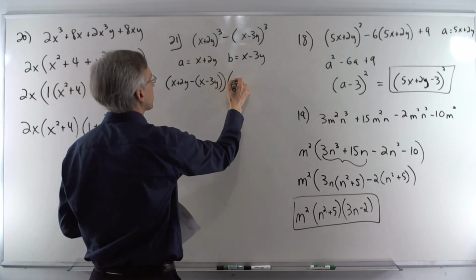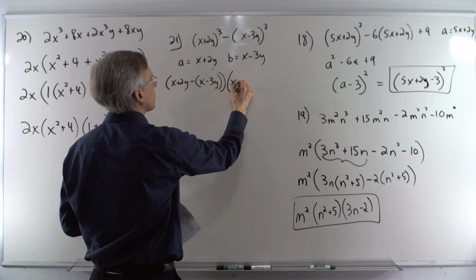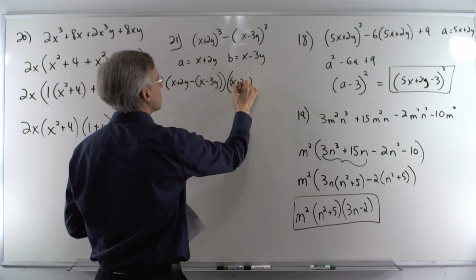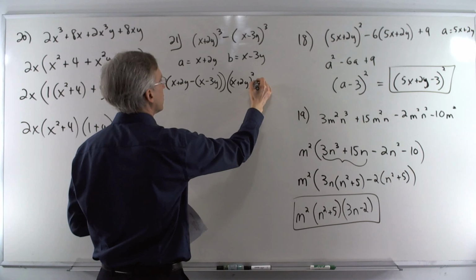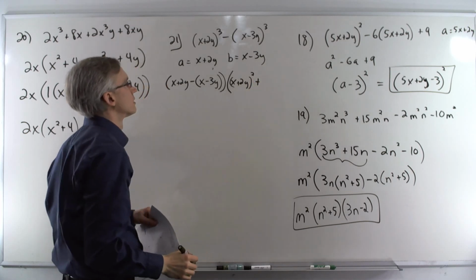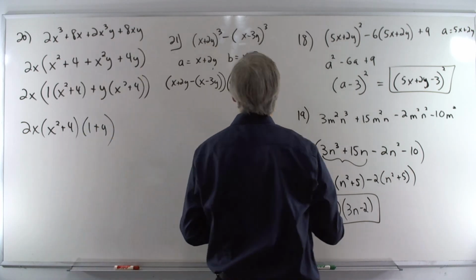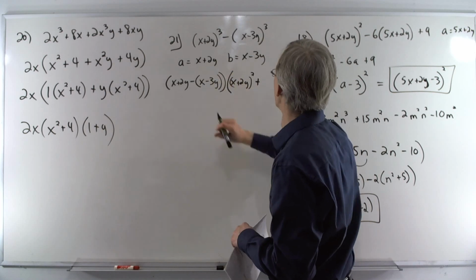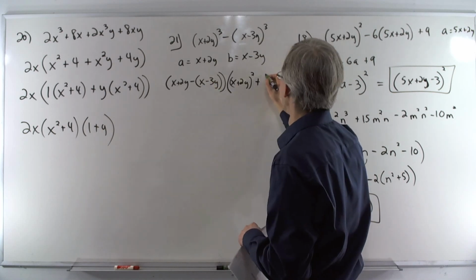So this will be x plus 2y squared, plus A times B. So these two multiplied.